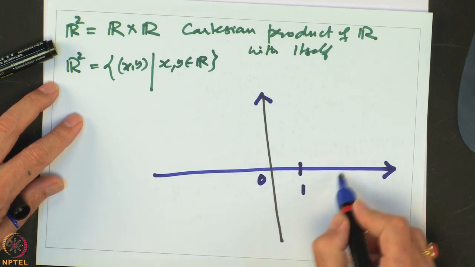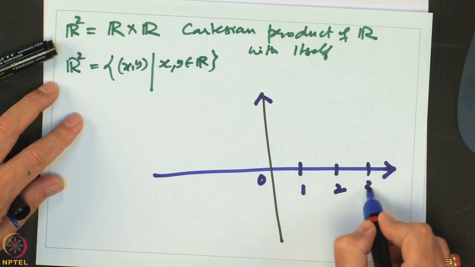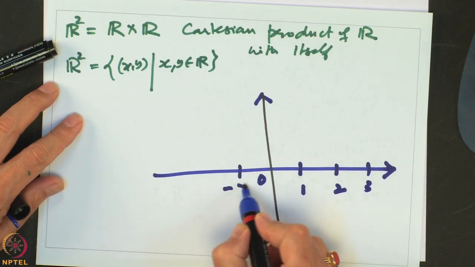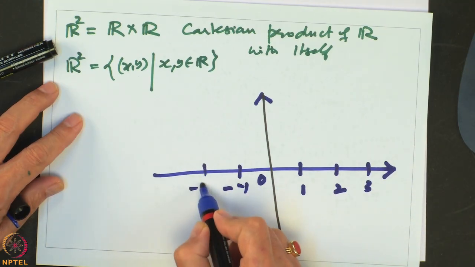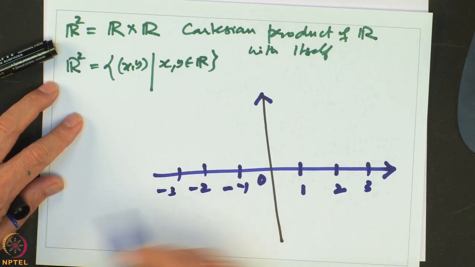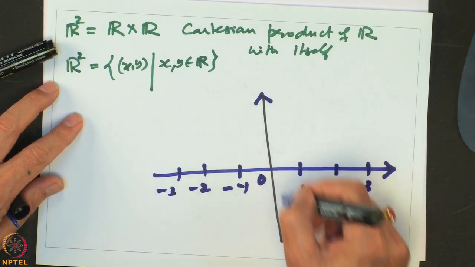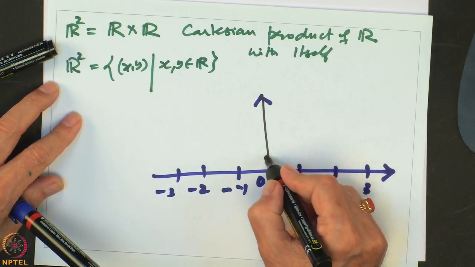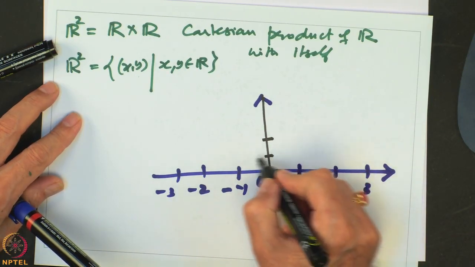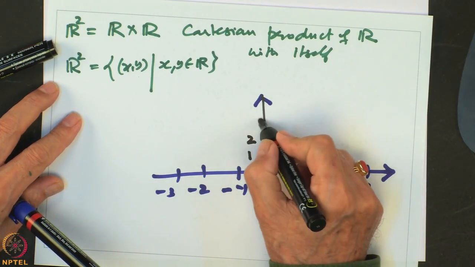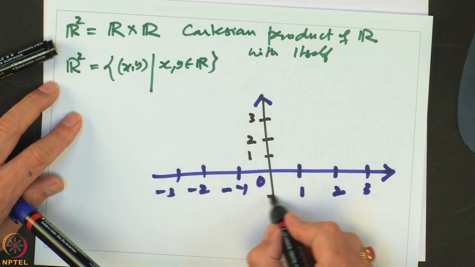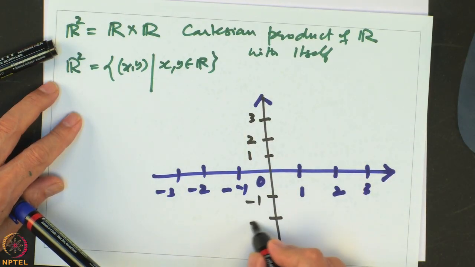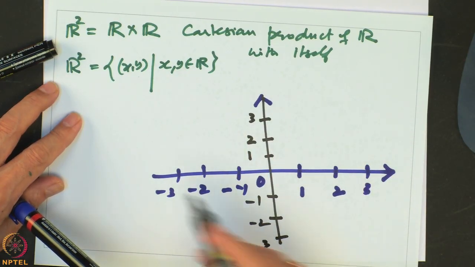On this side it will be 1, 2, 3 and so on. On this side minus 1, minus 2, minus 3 and so on. The vertical also is a copy of the real line, where upside is positive. So, this is 1, this is 2, this is 3 and so on, and the bottom side is minus 1, minus 2, minus 3 and so on.